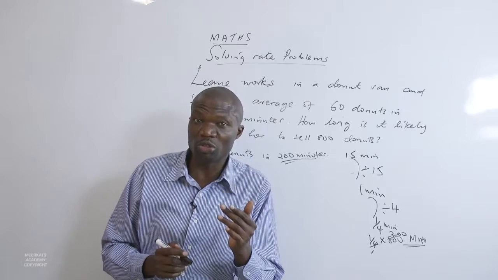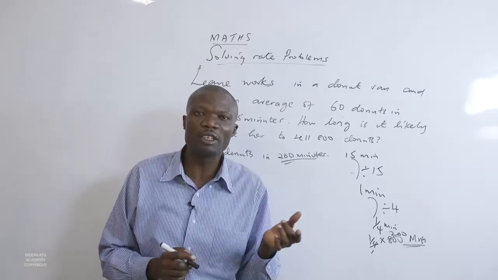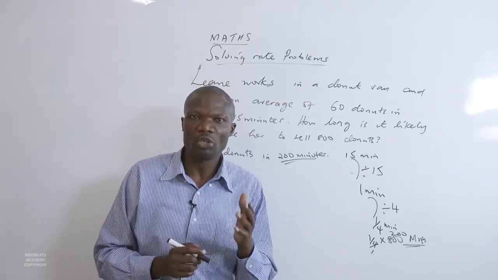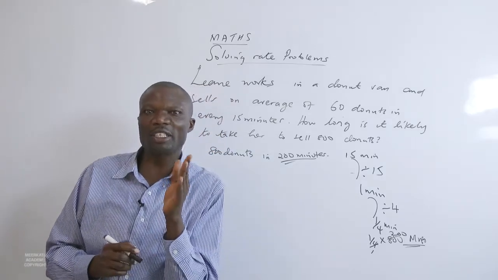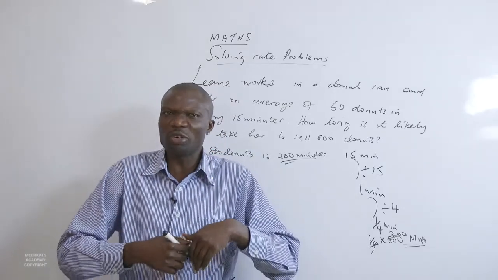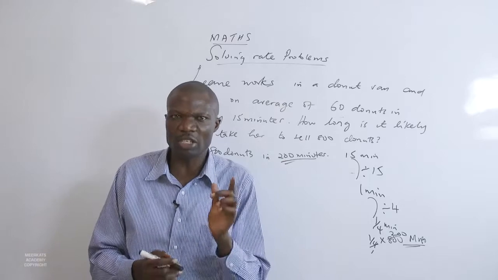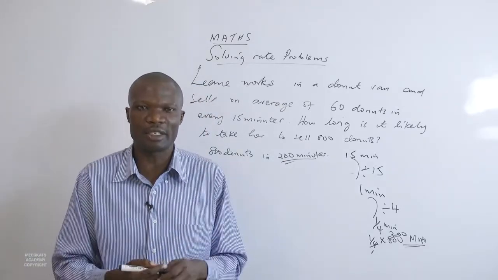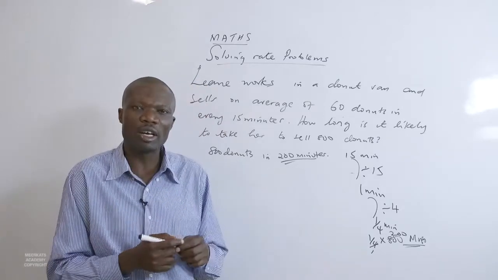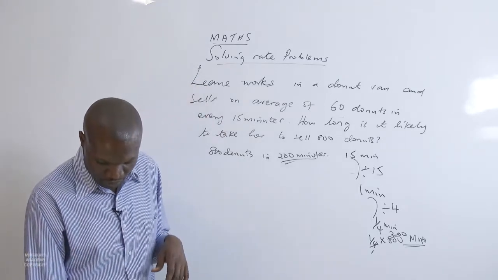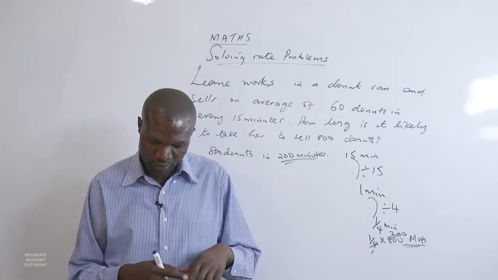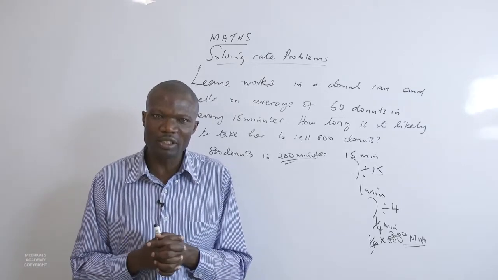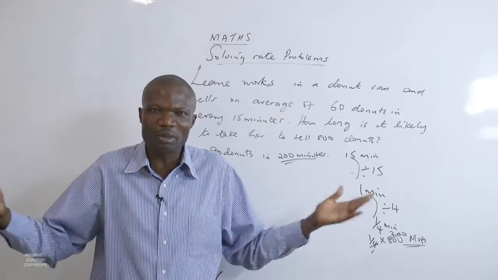For someone who has gone to school, what should you write instead of writing 200 minutes? You will convert 200 minutes into hours, even into days, as long as you give it in your simplest way that is easily understandable. So convert these 200 minutes into what? Into hours and minutes.